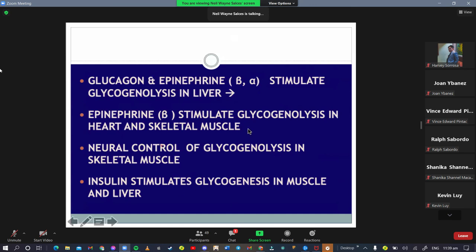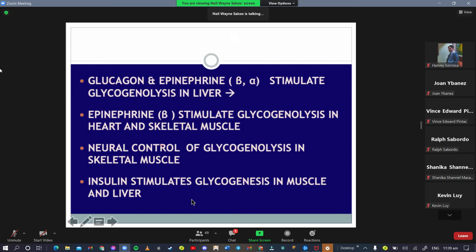So take note that, as mentioned earlier, your epinephrine is released from the chromaffin cells of your adrenal medulla in response to stress. So your glucagon and your epinephrine have the same regulatory function that stimulates glycogenolysis in the liver. Your epinephrine, on the other hand, stimulates glycogenolysis in the heart and in skeletal muscle.